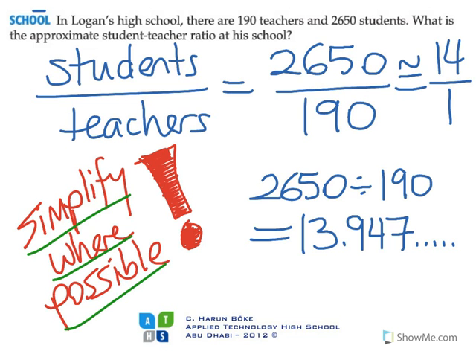Well, since we are talking about people, it should be an integer, so we can say it is 14 to 1. We can write the ratio like this as well. Let's see another example.